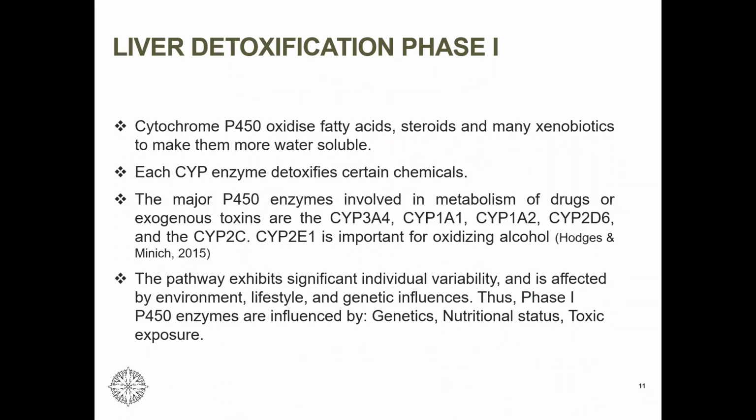These cytochromes act on fatty acids, steroids, xenobiotics, heavy metals, pollutants, hydrocarbons, medications, etc. I mentioned in the last slide that there are hundreds of them. You don't have to remember that, but there are some examples given in this slide.